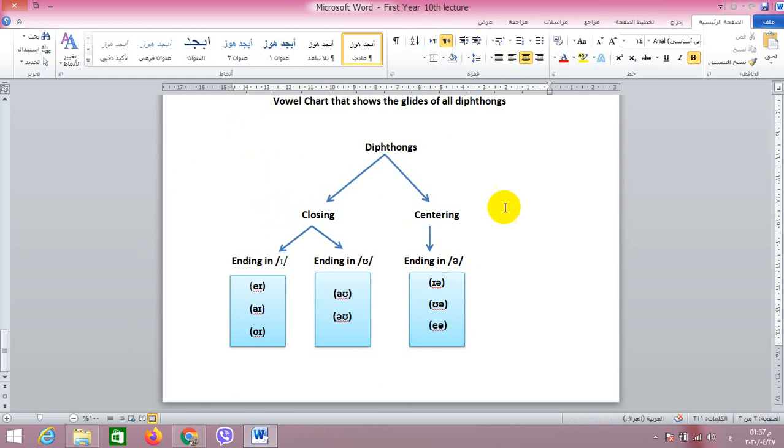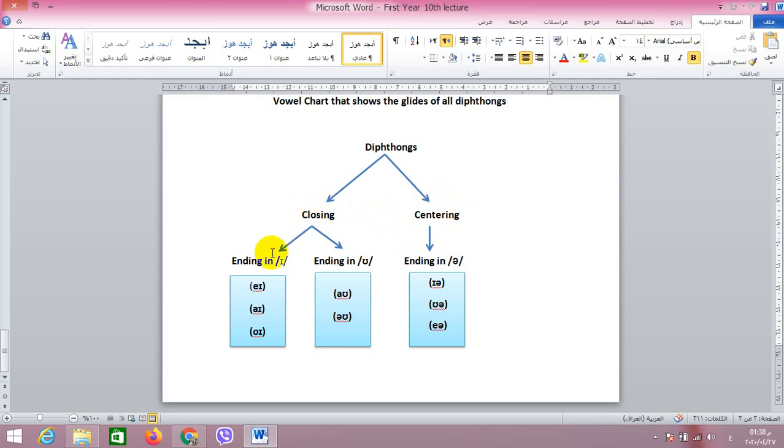Now, let's summarize the ideas given in this lecture. We are talking about diphthongs. Diphthongs are divided into closing and centering. Closing are diphthongs gliding to the closed position. Centering are diphthongs gliding to a central position.